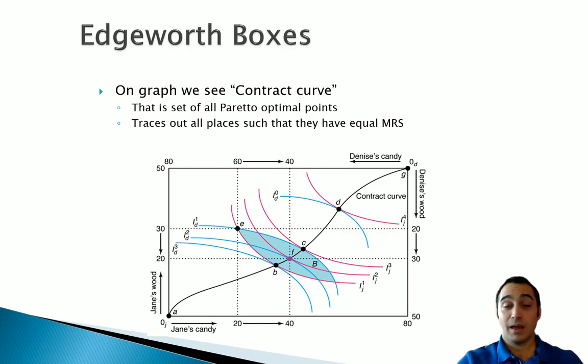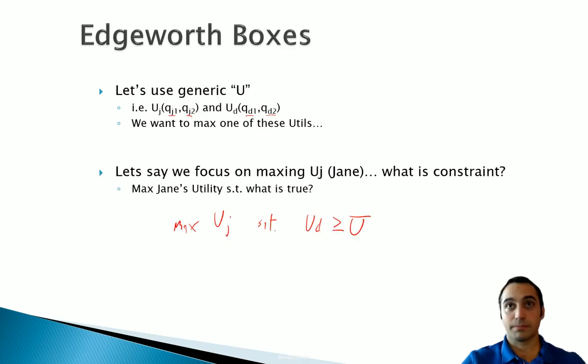We said this contract curve was defined as where the indifference curves are tangent. What's the slope of an indifference curve? The MRS. So this means our contract curve must be found at all points where our MRSJ equals our MRSD.